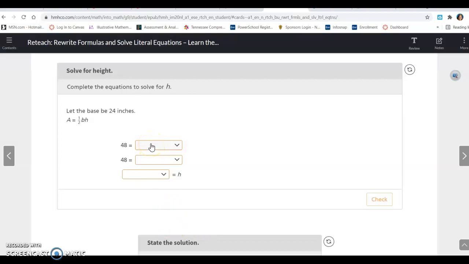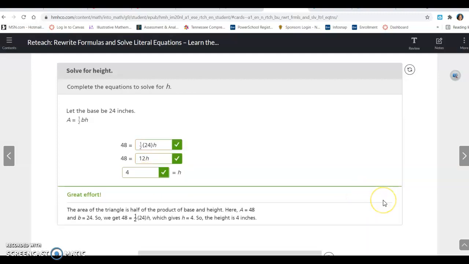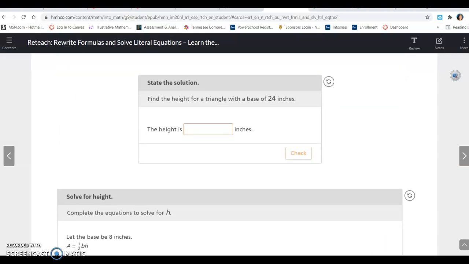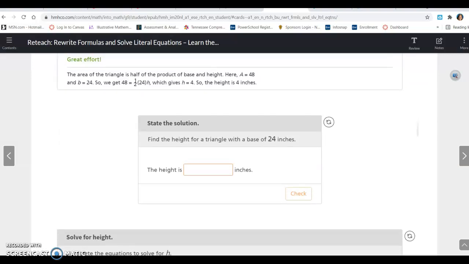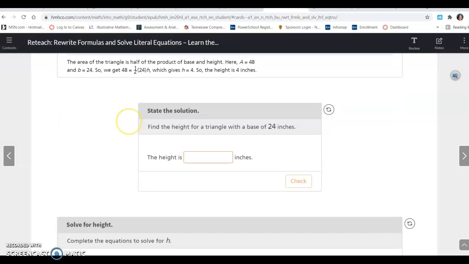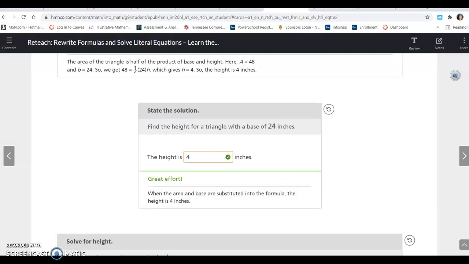So if the base is 24, we're going to have 1/2 times 24 times H, and half of 24 is 12, and 48 divided by 12 is 4. So a simple formula. And then it says find the height when the base is 24. So when the base up here was 24, the height is 4 inches.